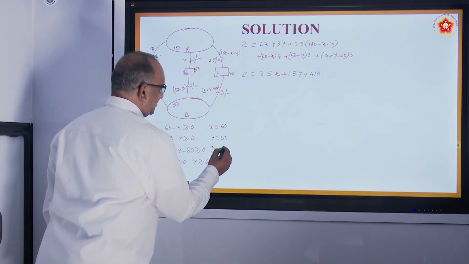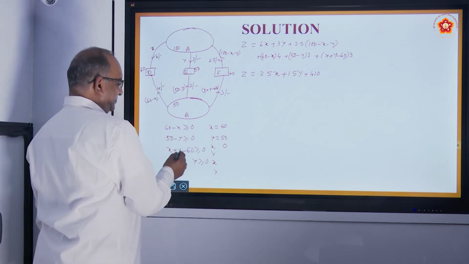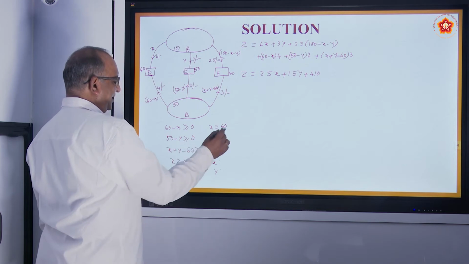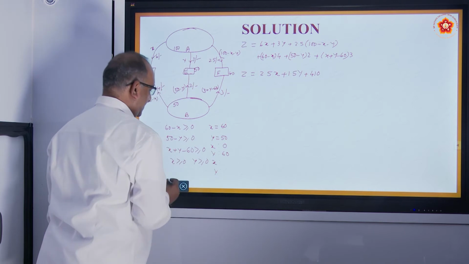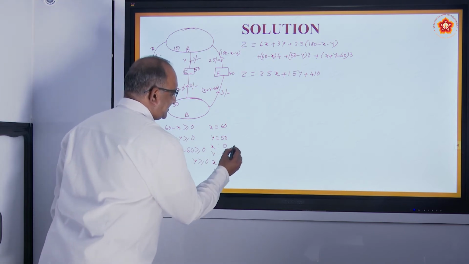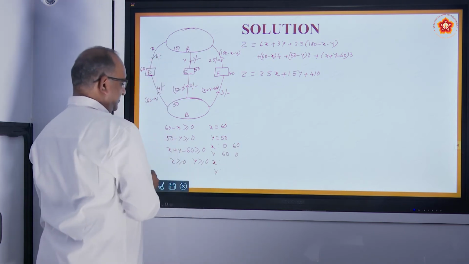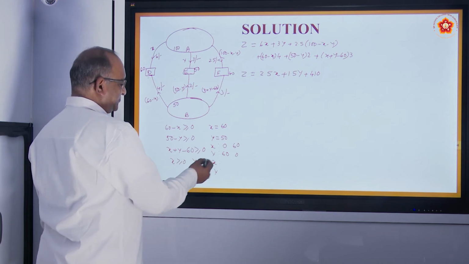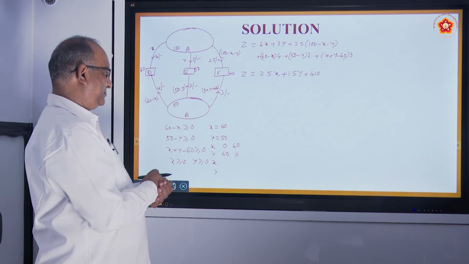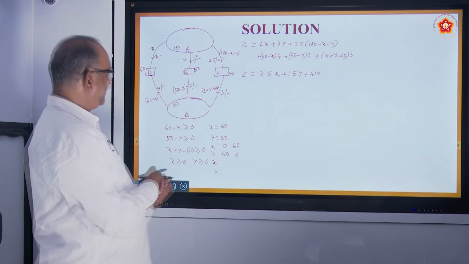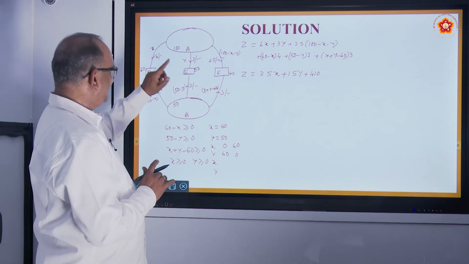Suppose x is 0, equation is going to be x plus y equal to 60. So, x is 0, y is 60, y is 0, x is 60, enough. And this we do not need to do. So, these are good enough to draw. So, let us draw these things. Yes, this also we need to do.